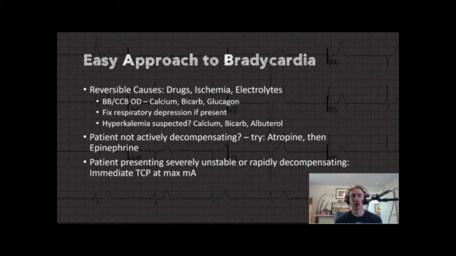Of course, we're going to turn it up to whatever the max milliamp is on the Zoll, which I think is 140. It goes up to 140 for a reason. But regardless, I'm going to turn the milliamps to their max. I'm going to turn it up as high as it goes because this patient could die at any time.